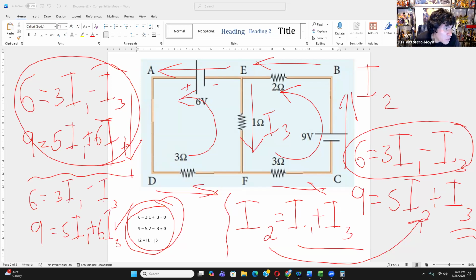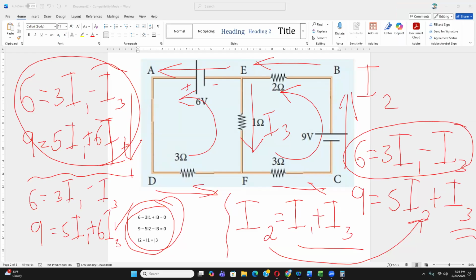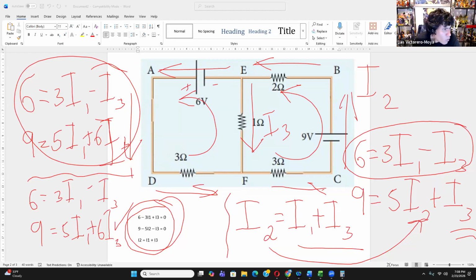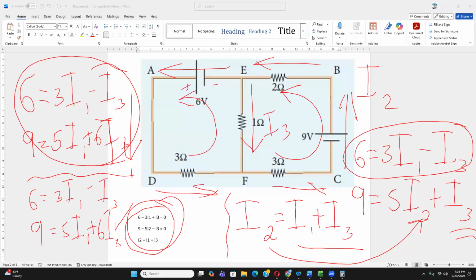You can use substitution, you can use elimination, you can use matrices if you want, but I don't think you need to do that for this. And what is I1 going to be equal to? I got 1.6.